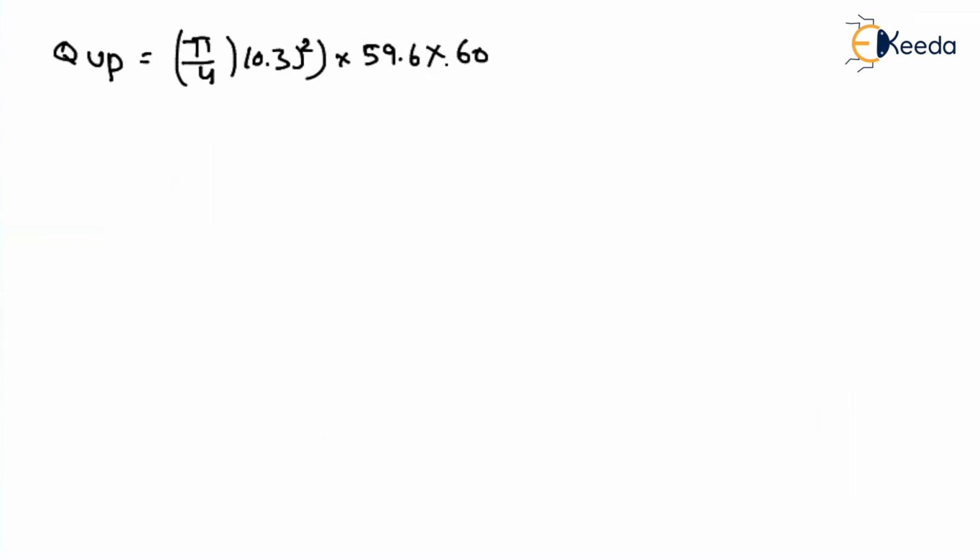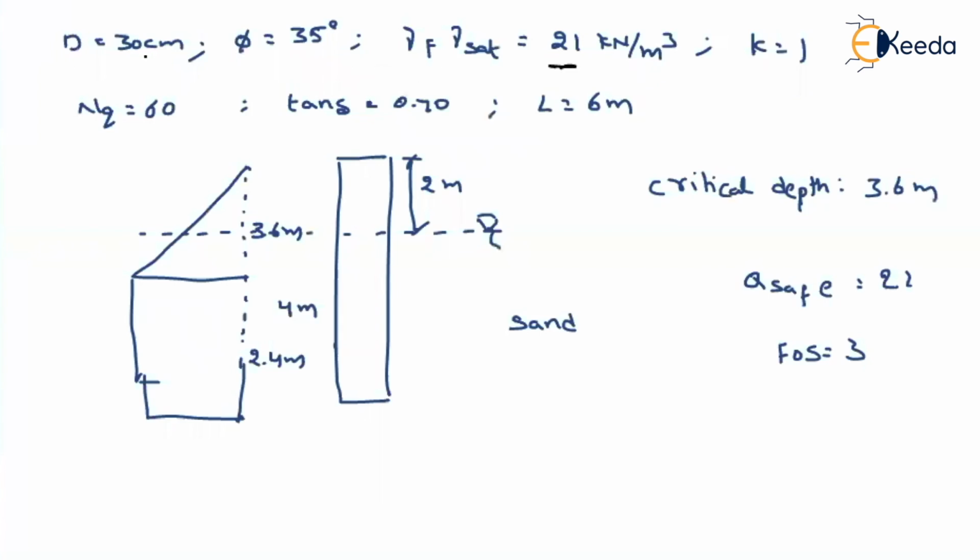Now, what is the total ultimate load capacity of a pile? That is the bearing area, how can you write it down? Pi by 4 into the diameter square, 0.3 square, into the bearing vertical stress, given as 59.6, into the length of the pile. Now if you go to the question, how much is given? 30 centimeter.